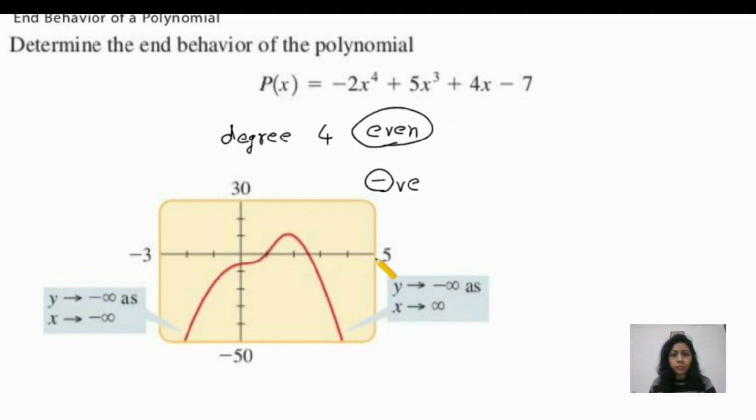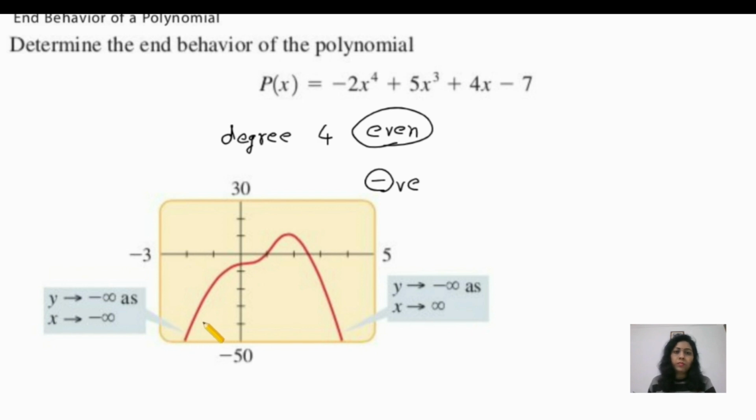So this is the actual graph of this polynomial, and you can see the end behavior here. x tends to positive infinity, here y tends to negative infinity, right? Here x tends to negative infinity, if you go to the left side, you go downside here, right? So x tends to minus infinity, y tends to minus infinity.